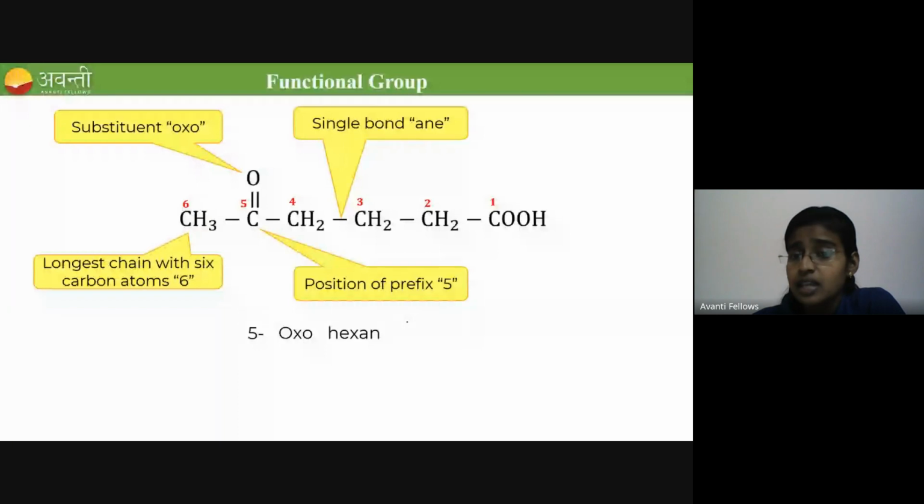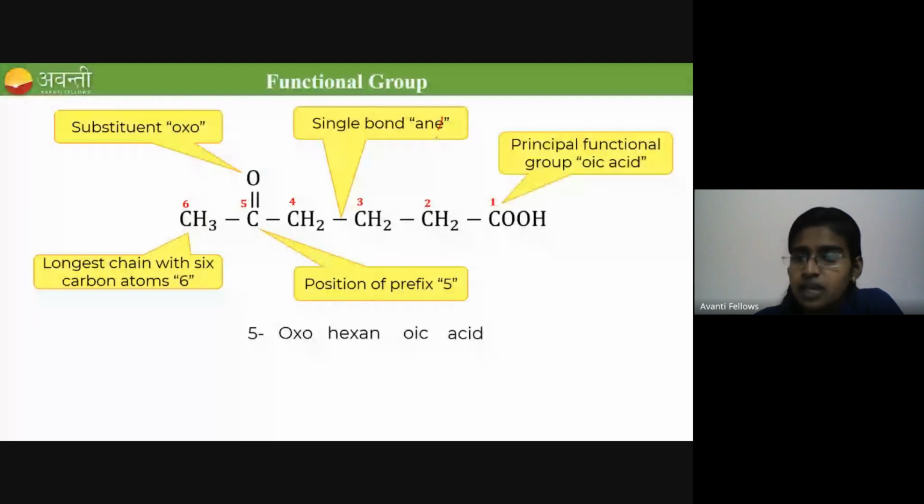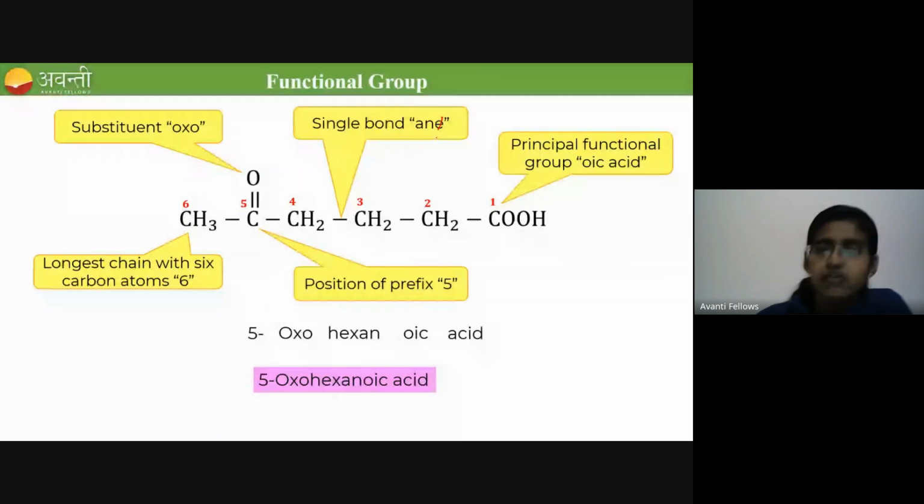So it is hexane. And from hexane, what you have to do? Very good Lakshmi, you have to replace this E by oic acid. Okay, so what is the name? 5-oxo hexanoic acid. Good.